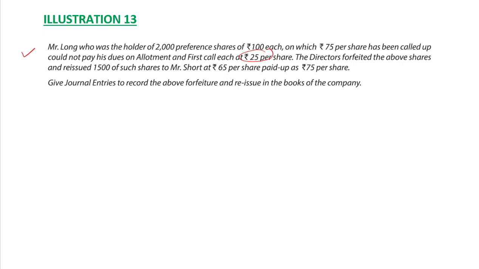The directors forfeited the above shares and reissued 1500 of such shares to Mr. Short at 65 per share, paid up as 75 per share. Give journal entries to record the above forfeiture and reissue in the books of the company. Solution.